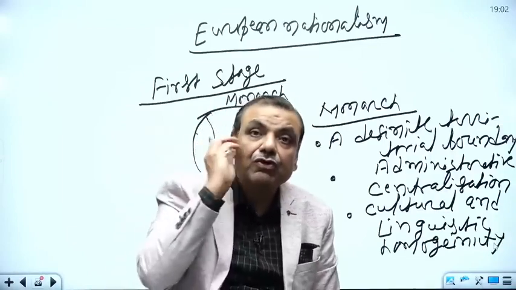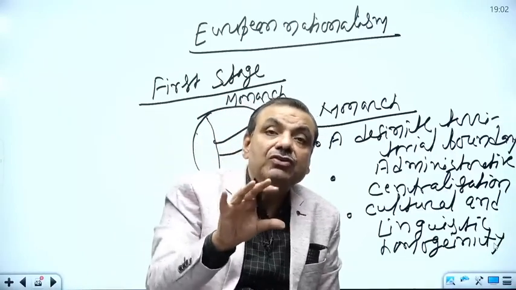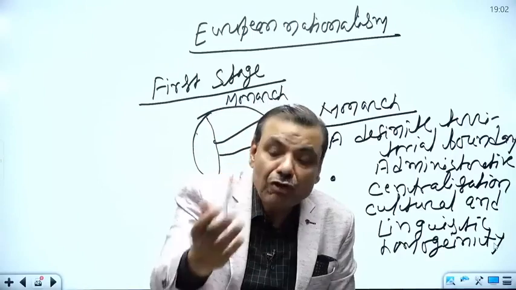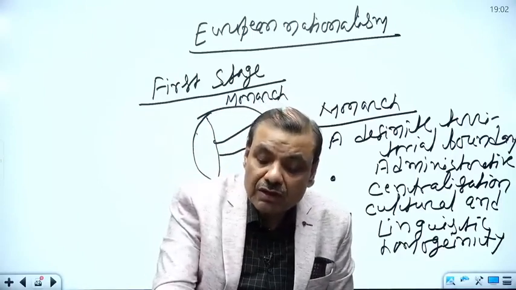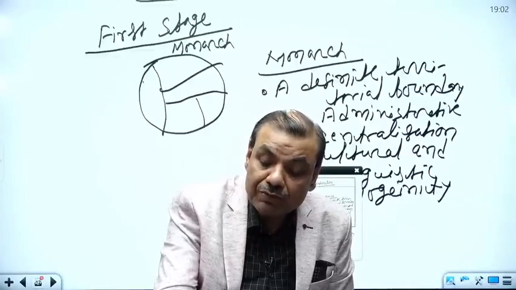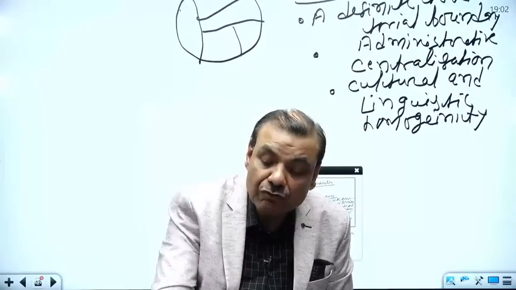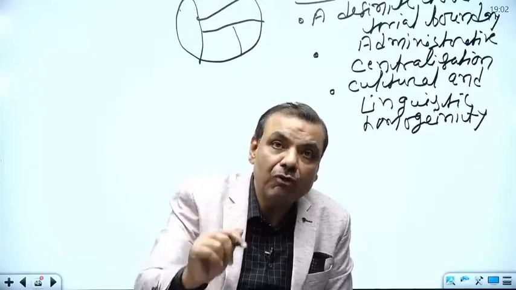Cultural and linguistic homogeneity means uniformity. So this was actually promoted by whom? By the ambitious monarchs of Europe who carved out the national boundary.